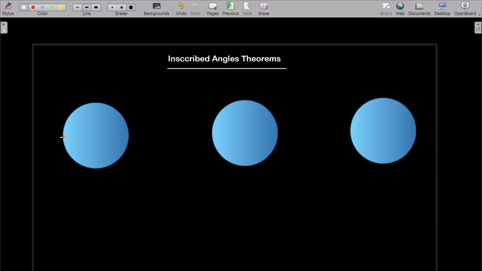If I divide this circle into two equal halves, so this is a diameter, and a diameter divides the circle into two equal halves.